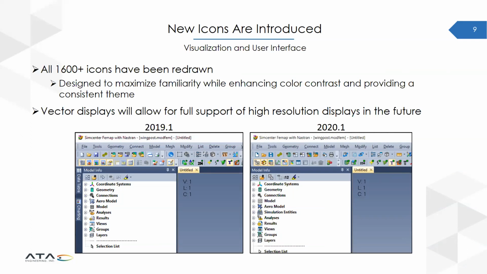Now, the motivation behind this is to allow future editions of Femap to fully support high resolution displays. Currently, and in past versions of Femap, scaling is either disabled, in which case Femap is drawn at 100% resolution, and on some new high resolution displays, that can lead to text and icons being very small and hard to read, or scaling is handled by Windows, and since Femap is currently scaled via extrapolation, that would lead to blurry text and icons.